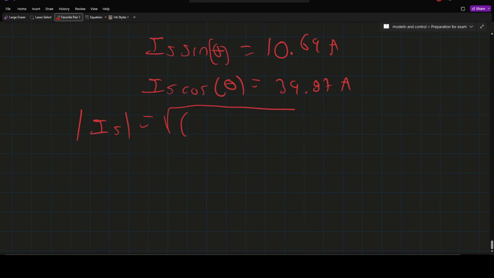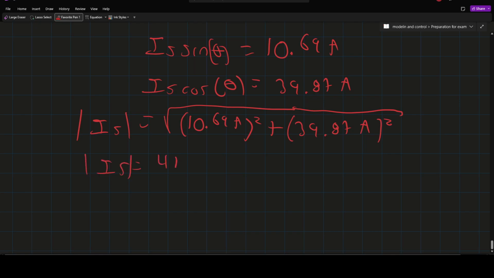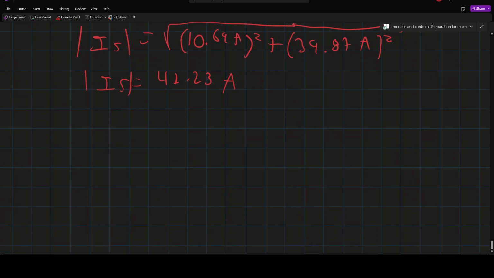So this squared plus this one squared, and our magnitude is going to be 41.23 amps.